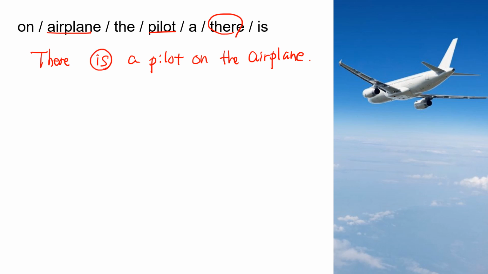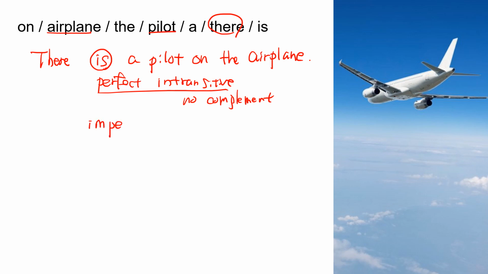Is has two functions. One, perfect intransitive. Intransitive means you don't need a complement. You don't need that. But the other is imperfect intransitive.